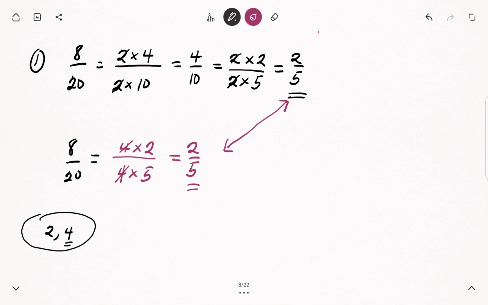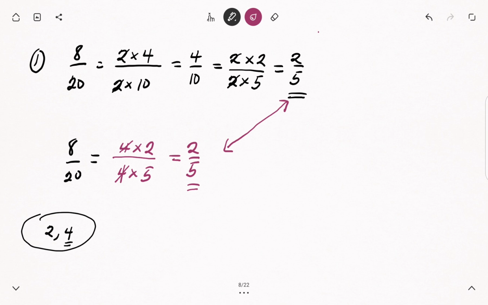Now if you look at it, you realize that in both instances, our final answer is 2 over 5. So it means that when you have more than 2 numbers and you are certain that these numbers can divide both the numerator and the denominator without any remainder, it is preferable you use the bigger number to simplify your work.